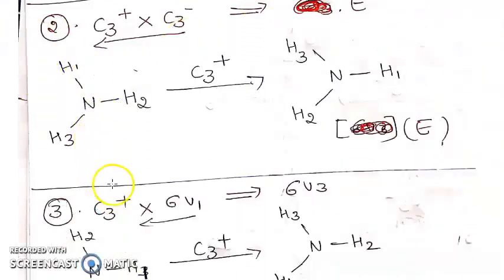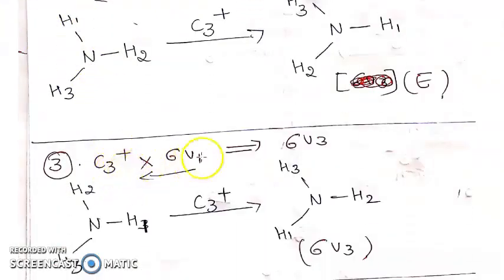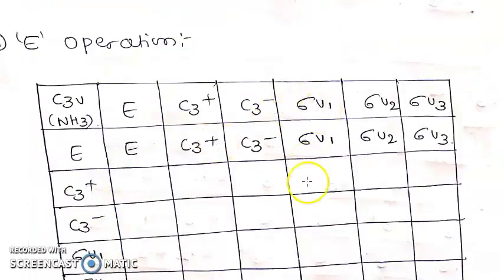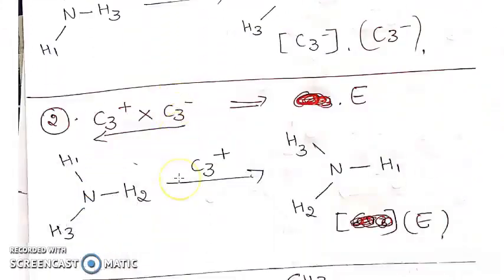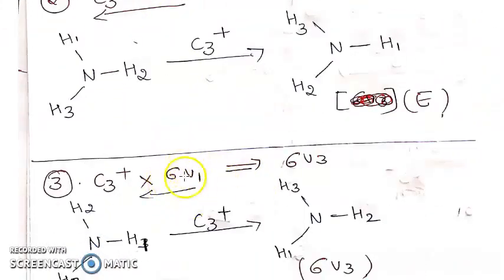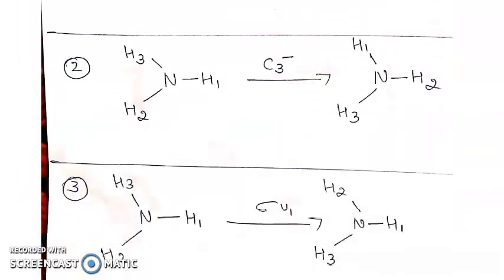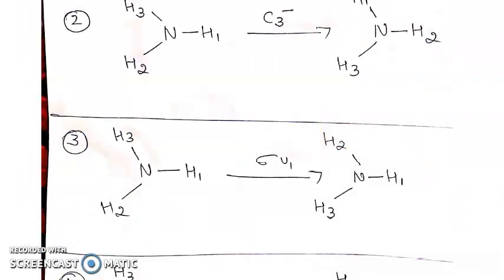Next, the third one is C3 plus into sigma V1. Sigma V1 means this molecule.